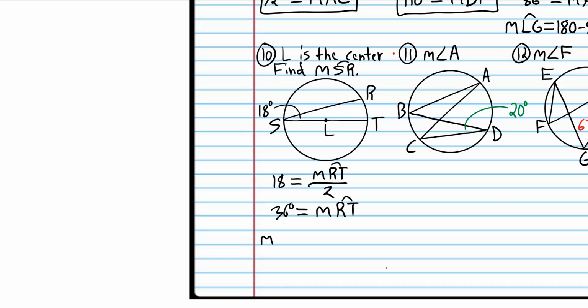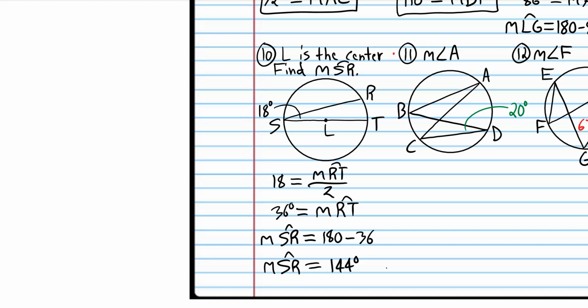So the measure of arc SR is equal to 180 minus 36, and you can use your calculator if you want. 180 minus 36 is 144 degrees.